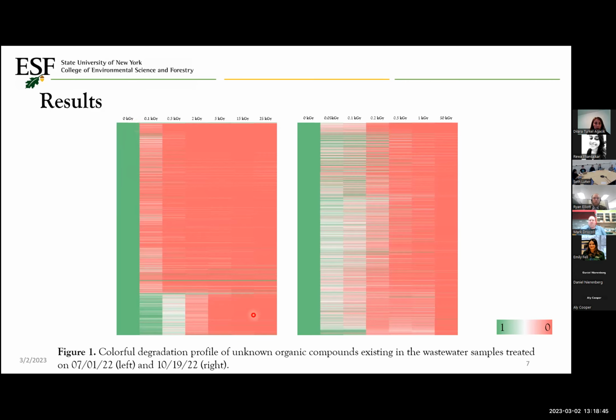This one is the results that we got in June, whereas this shows the results for the samples that we irradiated in October. I would like to mention that we added some interval doses, which were 0.05 and 0.2, so it might be very different from the previous colorful degradation profile.